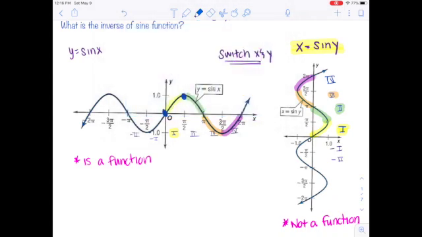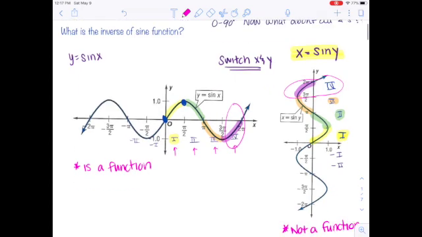Now, what I need you to pay special attention to is that quadrant 4 is in purple over here, and quadrant 4 is up here. Now, which quadrant would be from 0 to negative pi over 2?